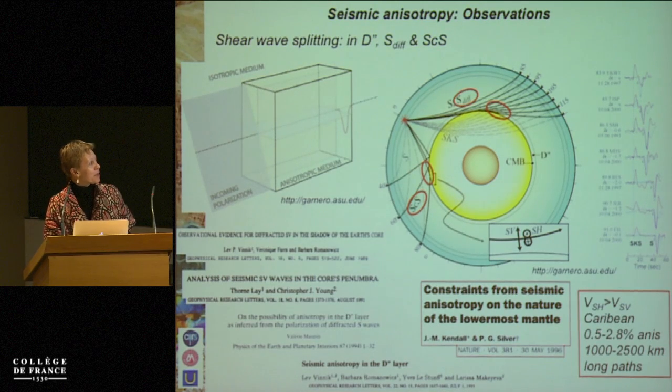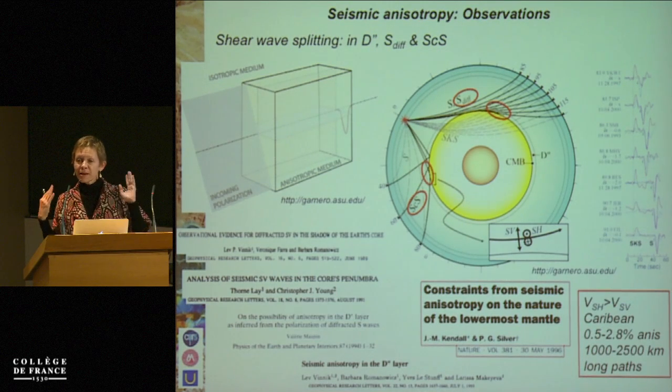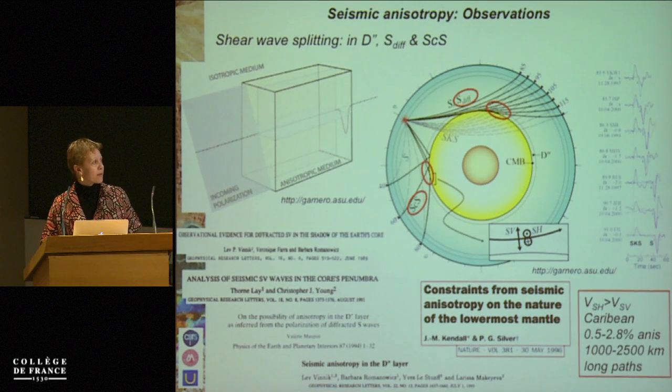But mainly, the first observations came from analyzing the waveforms from the waves that were traveling in the deep mantle, and the observation that they got is that usually the SH, the horizontally polarized S waves, were faster than the SV ones.